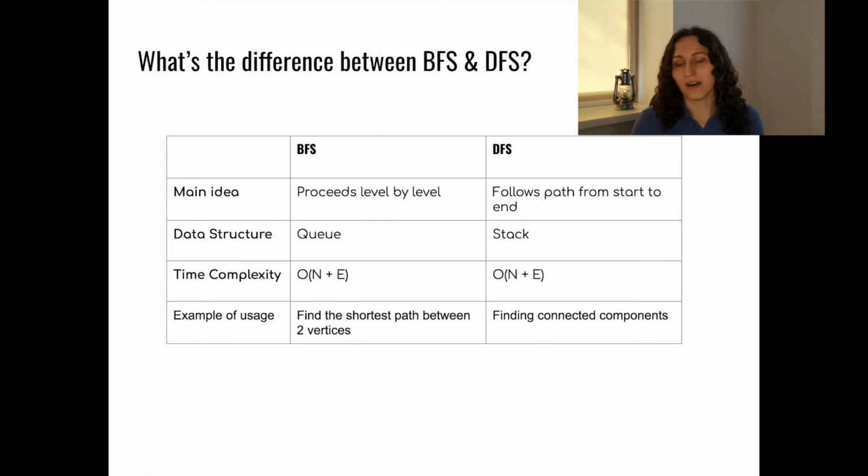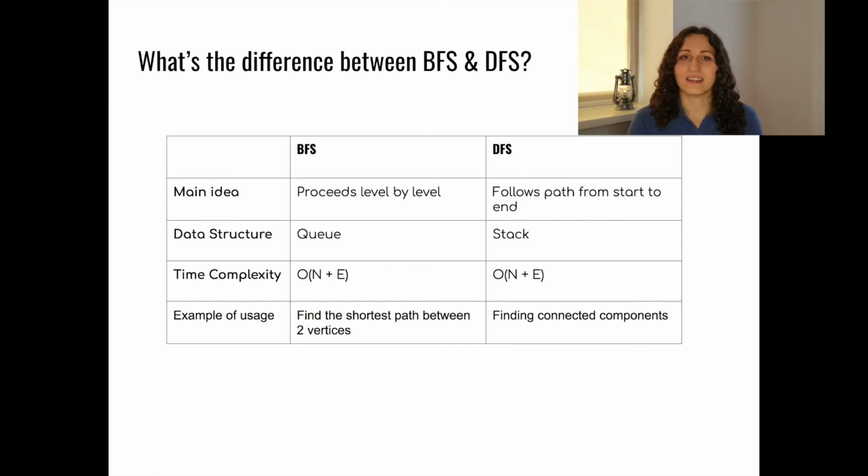It follows paths from start to the end, so it considers all the paths which go through the current node. And only after that starts considering other nodes. Also, these algorithms use different data structures. Breadth-first search uses a queue and depth-first search uses a stack.